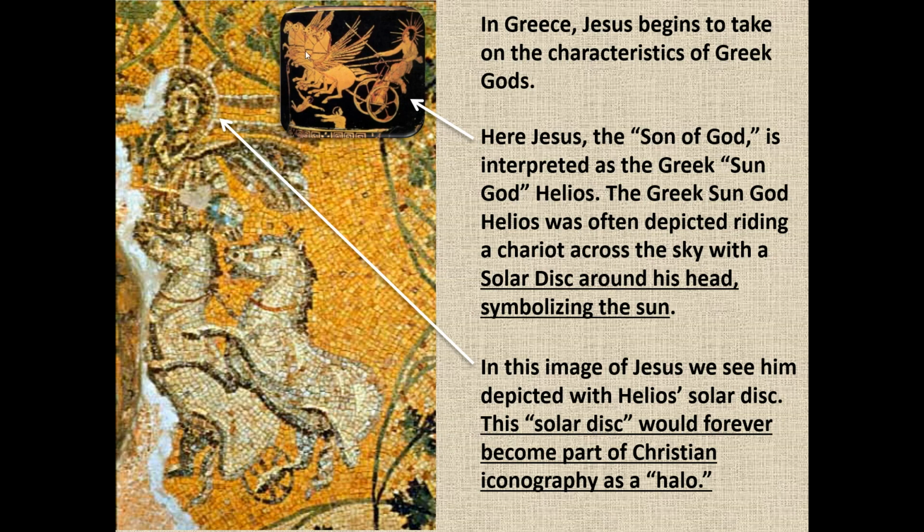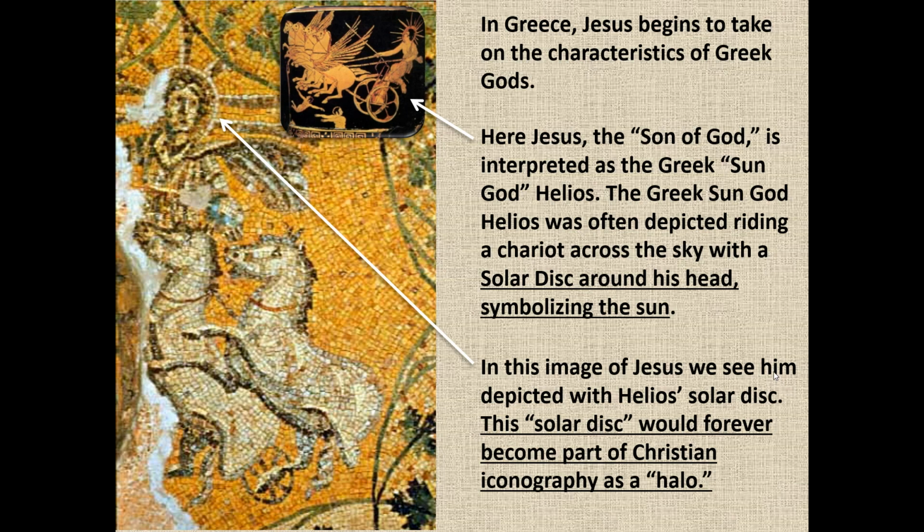Here in this little tiny image, we see Jesus, the Son of God, interpreted as the sun god Helios. The Greek sun god Helios was often depicted riding a chariot across the sky with a solar disk around his head, symbolizing the sun. Now here we see a representation of Jesus depicted like Helios in this small image.